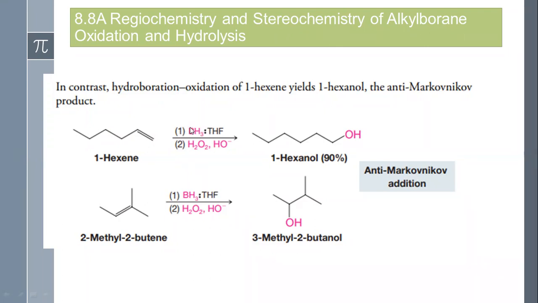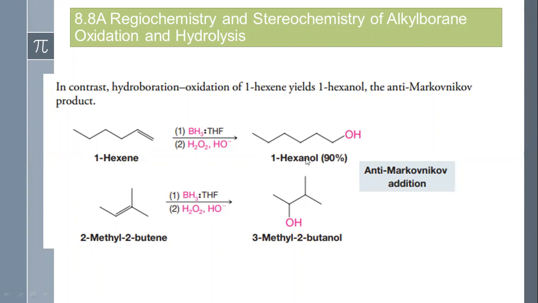What you will get in the first step is an alkyl borane. Remember, the boron will be added here. You have your hydrogen added there, and later we will oxidize it to get OR instead of R. We'll get our BOR. And that's the oxidation process, and later on we can eliminate the OR from our boron to get your ROH.